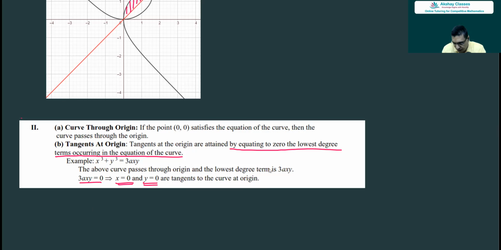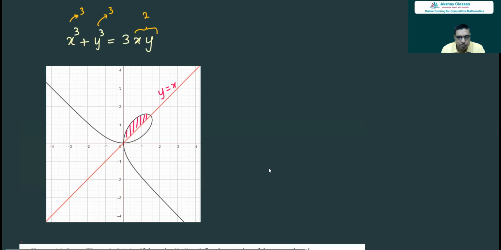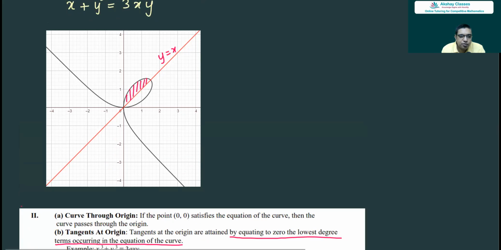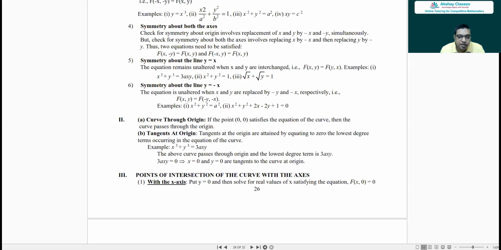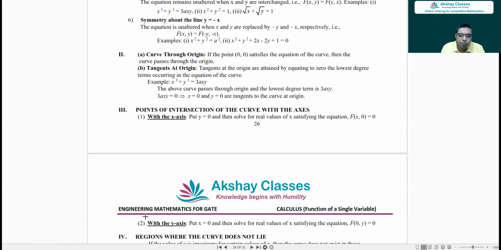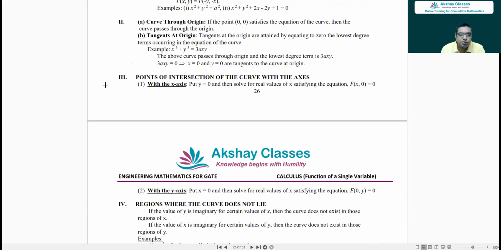So here we have two tangents. X-axis is a tangent, y-axis is a tangent. So these are some rules which are not just tricks, but if you know these rules, it is very, very helpful.